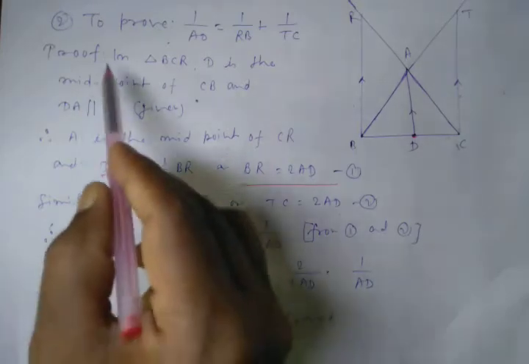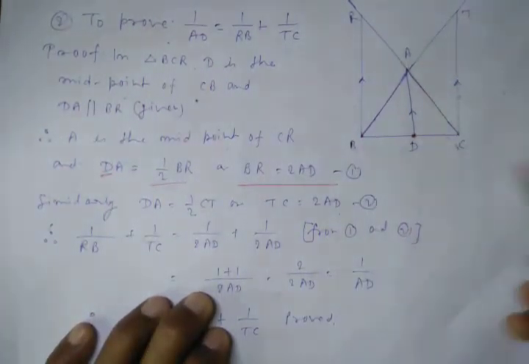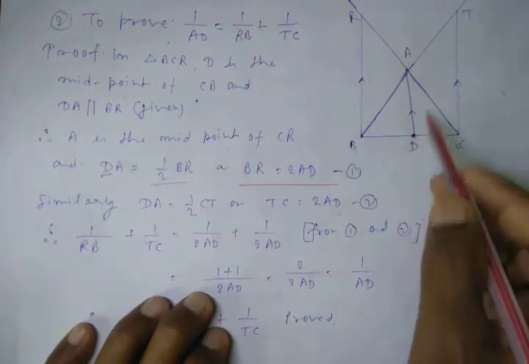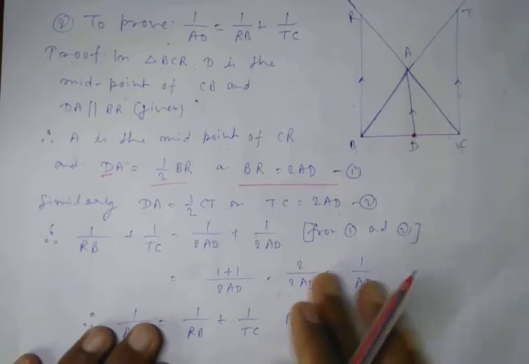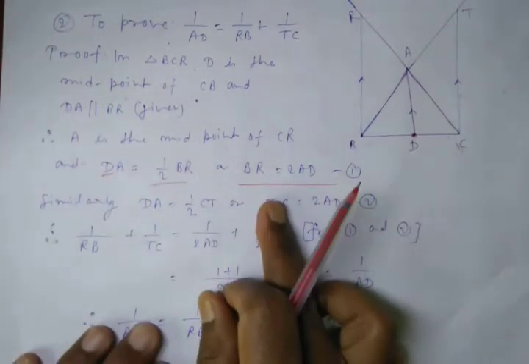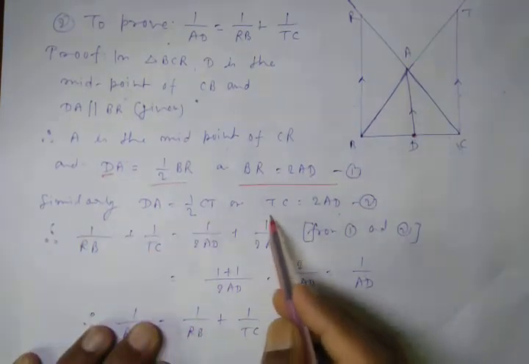You can also write this in triangle BTC, that D is the midpoint of BC and DA is parallel to TC. So here TC equals 2AD.